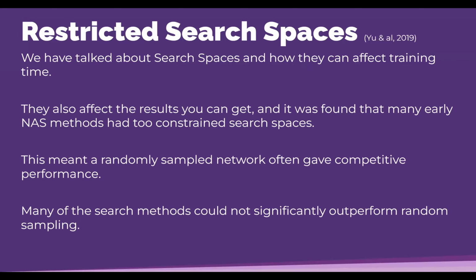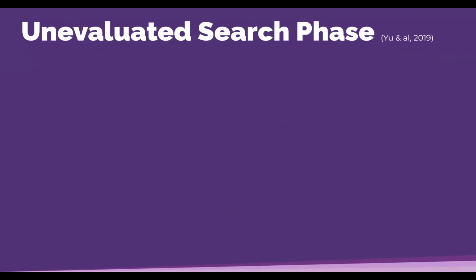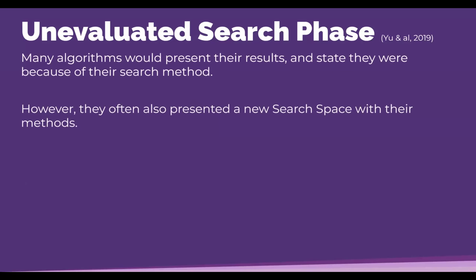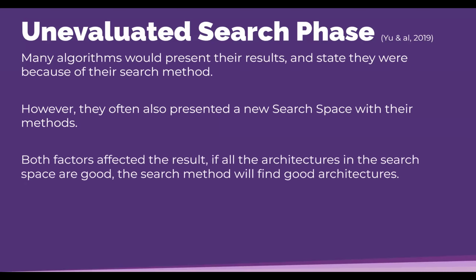And this also ties in with the unevaluated search phase, where many algorithms would present their results and state they were because of their search method. However, they often also presented a new search space in the same paper. So it wouldn't just be, oh, this is our search method using differentiable equations, but they would also include, oh, this is our new search space.